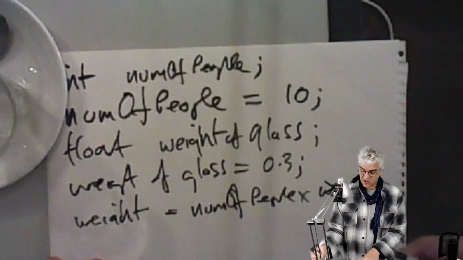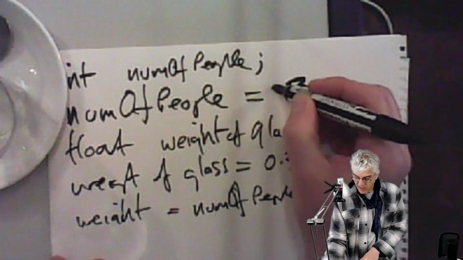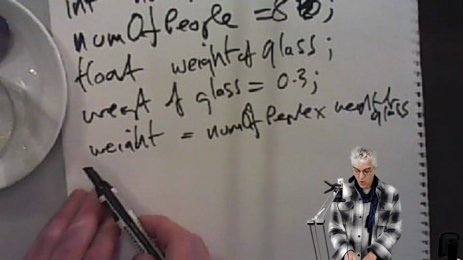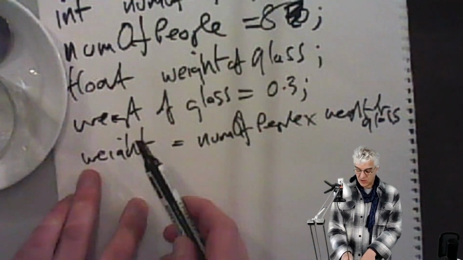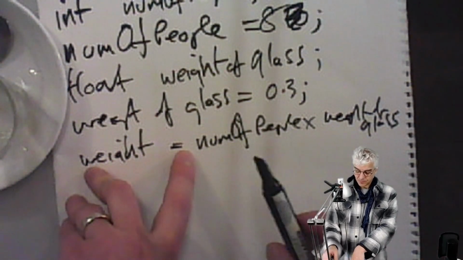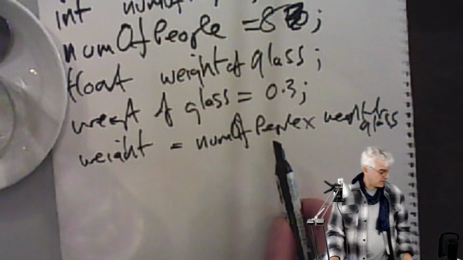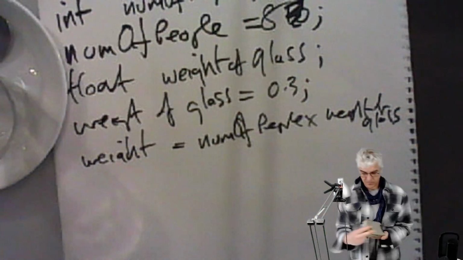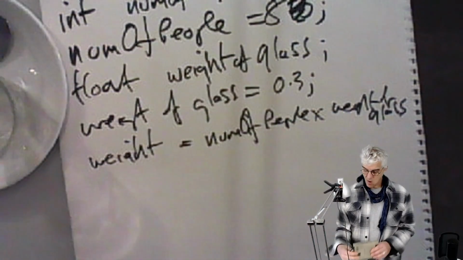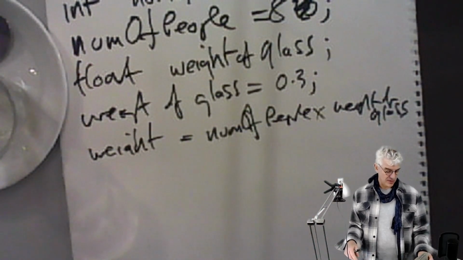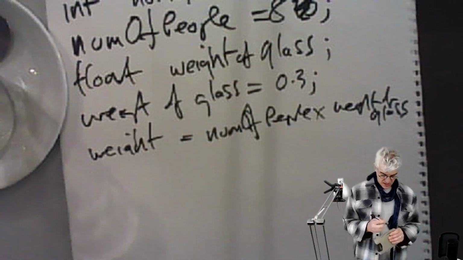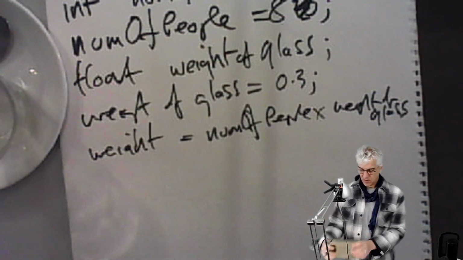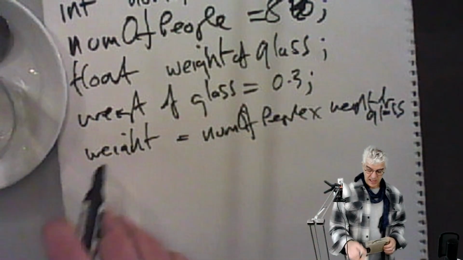But what I can do is I can say, actually, 2 people have cancelled, and up here, the number of people has changed. Weight will automatically change because it's saying, go and find out how many people there are in my number of people box, times that by the weight of the glass, and I get the output.